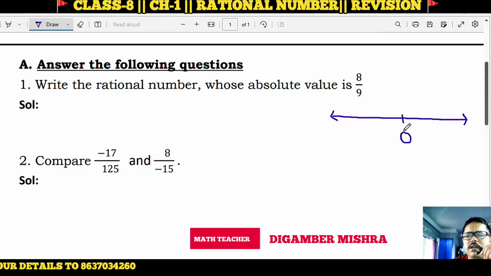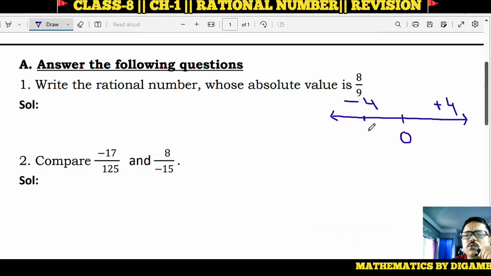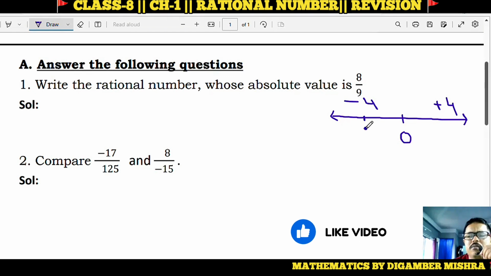Suppose any number, whether it is positive or negative, the distance from 0 will always be positive. If any object is here and you are asked to find the distance of this object from 0, obviously you will find.